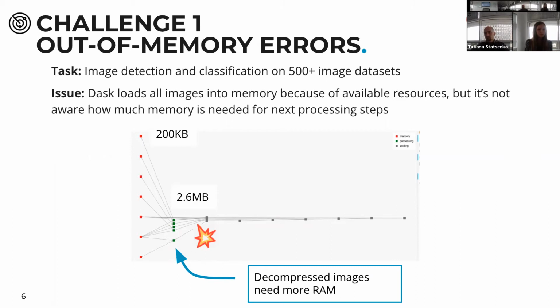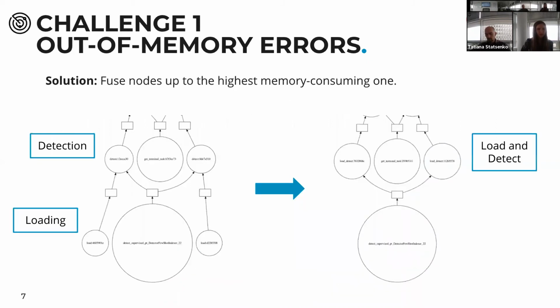Here we can see that when we're building the graphs, we cannot even optimize them automatically because there is some knowledge that we cannot tell Dask upfront. So for this challenge, we basically said we have to fuse nodes manually up to the highest memory consuming one. So we build our smart graphs based on the knowledge of what exactly our nodes are doing.